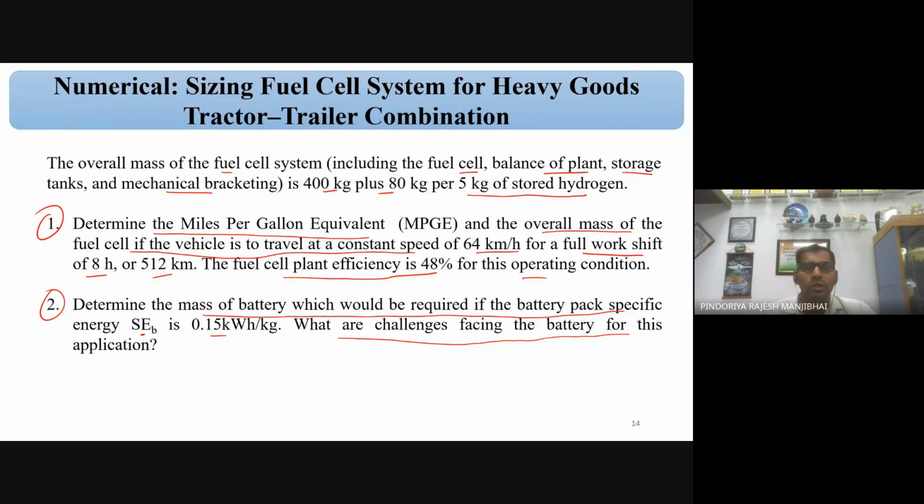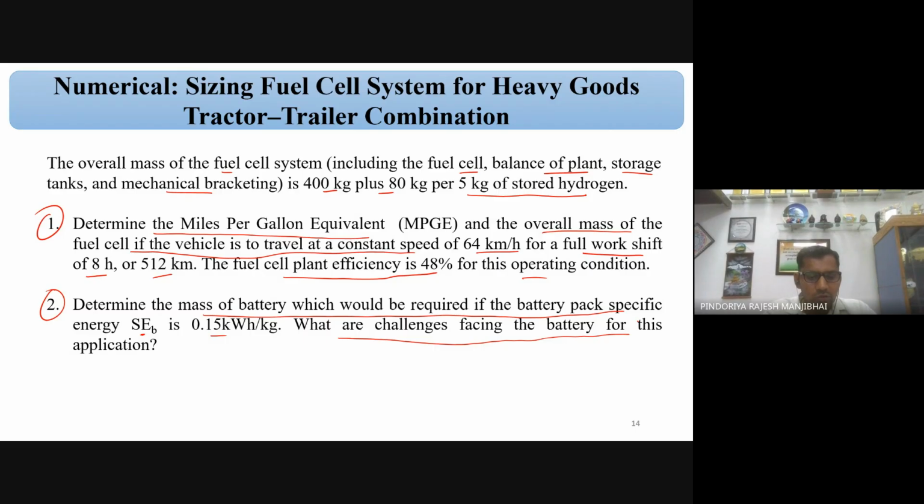Got it? We have to calculate only two parameters: first the mileage equivalent, and second the mass of the battery. It is a lengthy numerical, but this is a practical case. I already solved this numerical, so let's see it one by one.